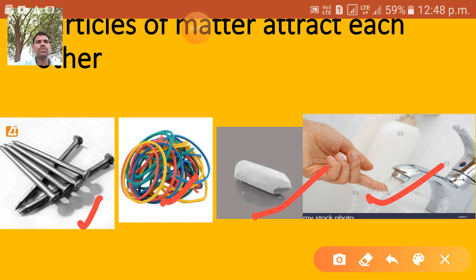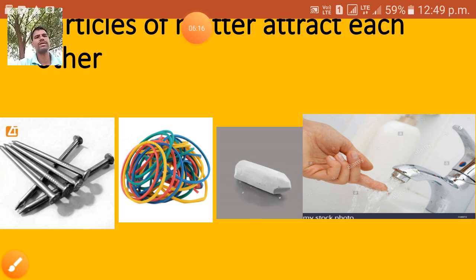Now, if you have to break any one of them, you have to apply some amount of force to break it. So, for example, if you have to break iron nails, you will have to apply more force than for the rest of the things in the picture.